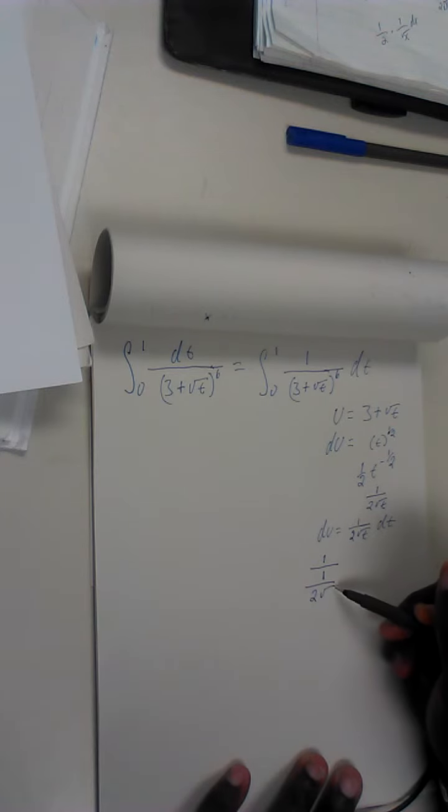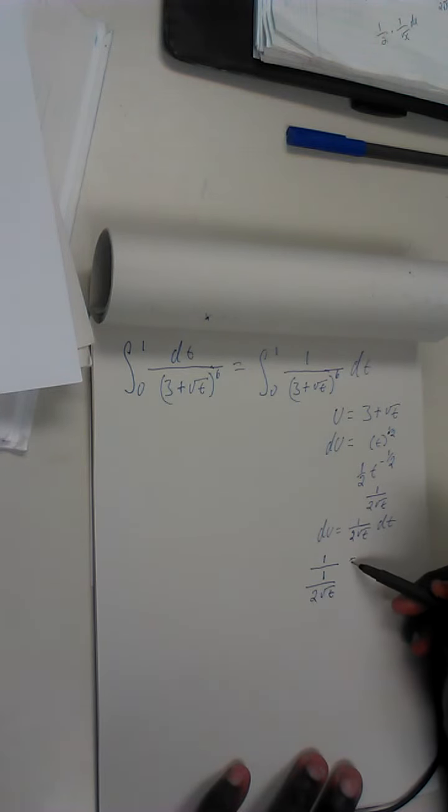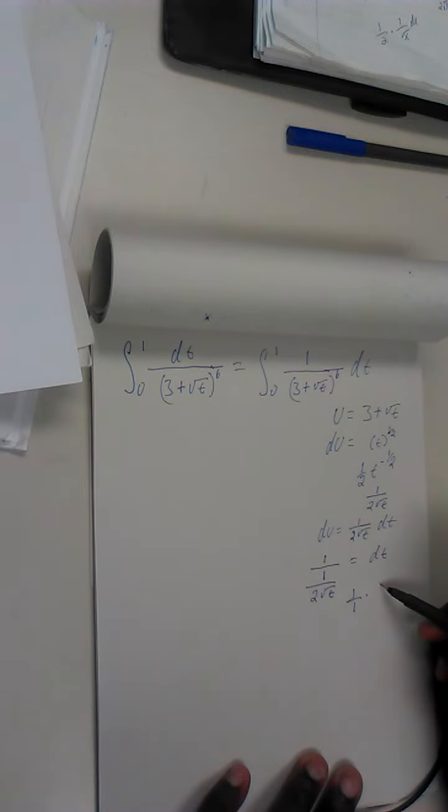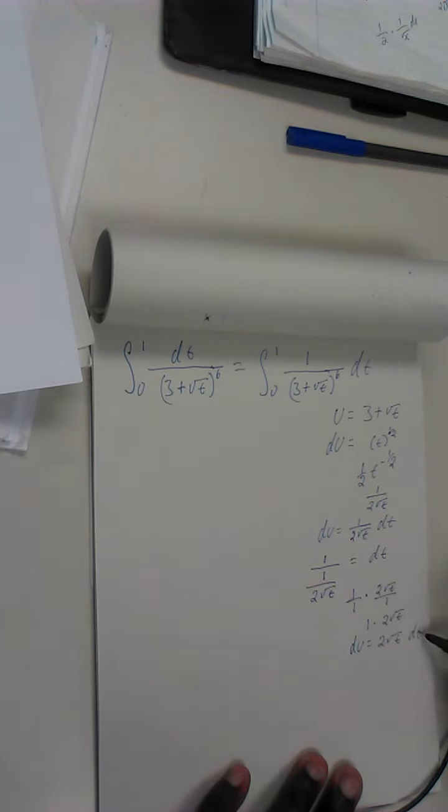Go ahead and take the reciprocal, which gives us dt equals 2 radical t du.